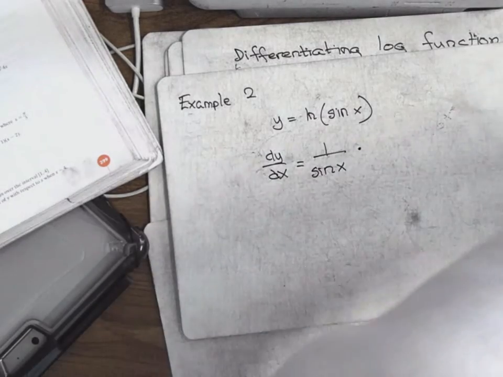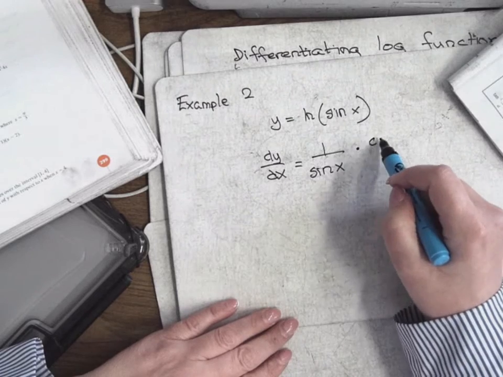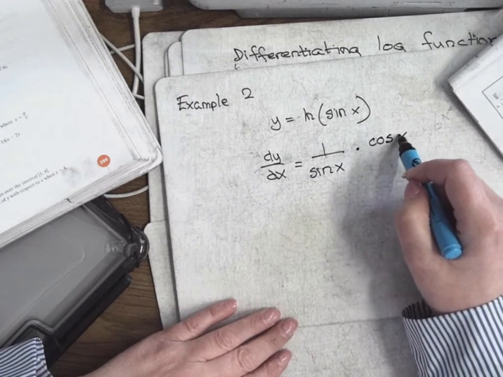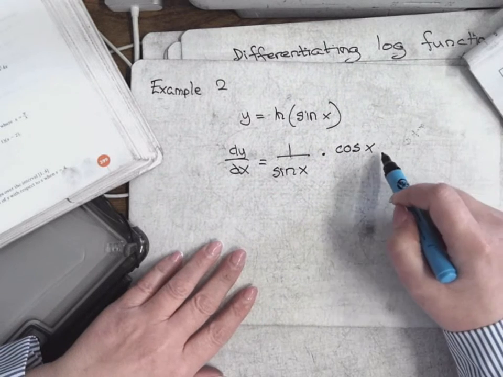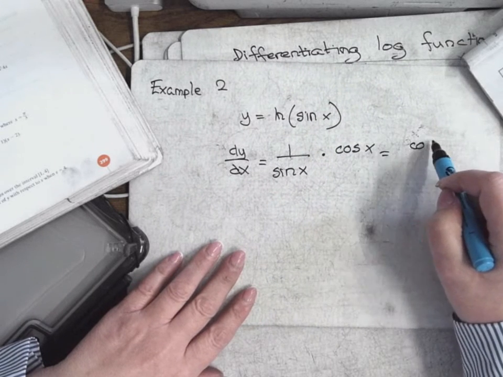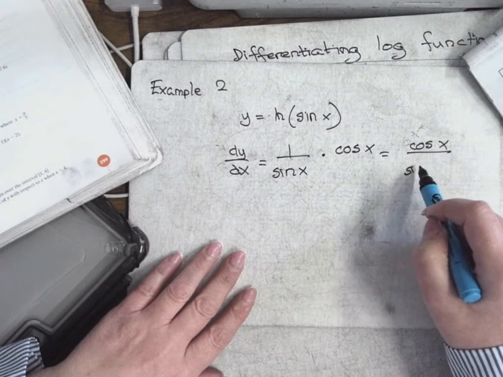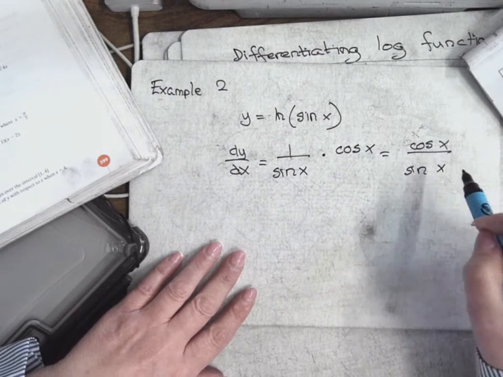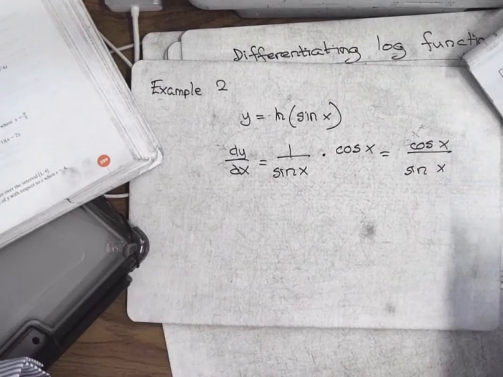Differentiate sin x and you get cos x. So my answer is just cos x over sin x. You can simplify that further, but that's trigonometry, so that's the answer.